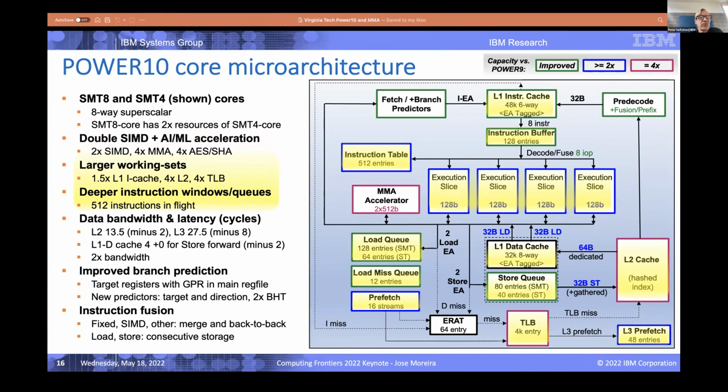We grew things like queue sizes, cache sizes, things like that. Bandwidth is also enhanced, right? This is important when you grow the compute. Doubling the SIMD capability, for example, as well as introducing the MMA, you have to have the bandwidth to feed it.